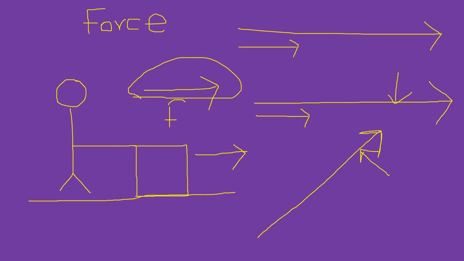For this example, force, if you use a longer vector, then it means a larger force, for example, 500 newtons. And if you use a smaller vector, it represents a smaller force, like 5 newtons.